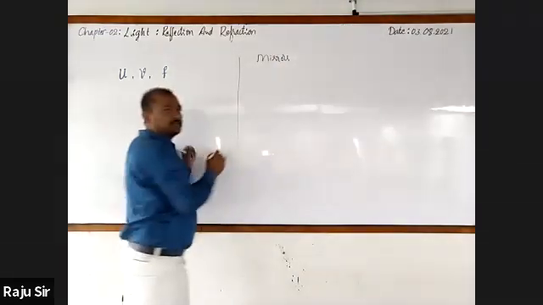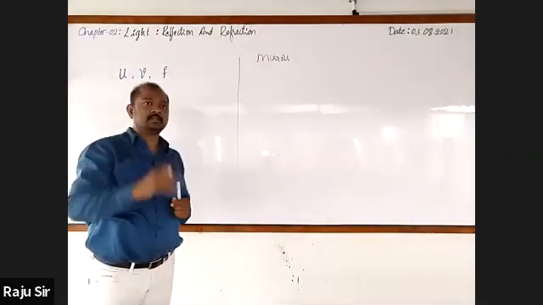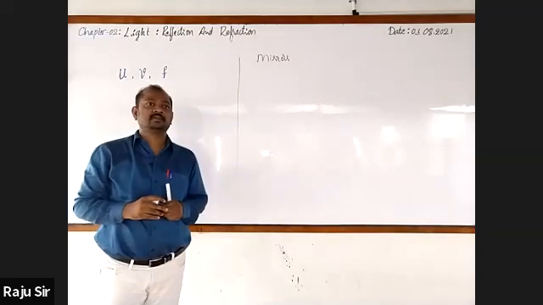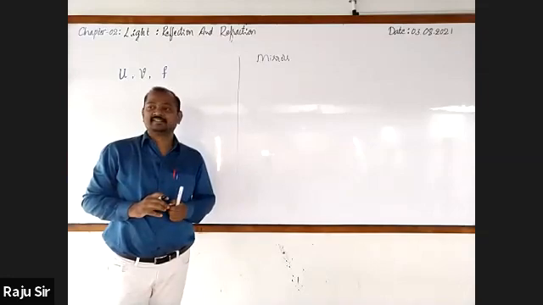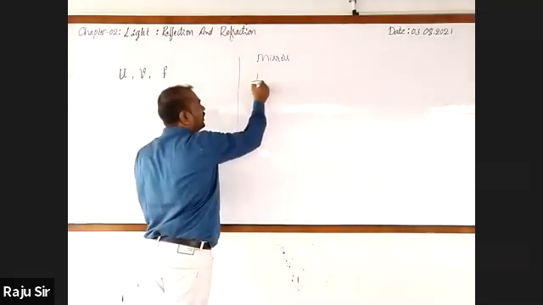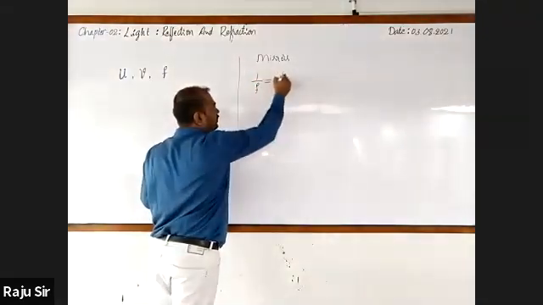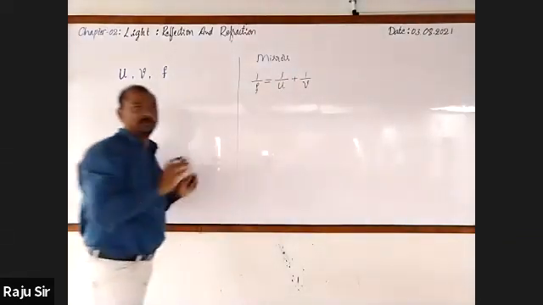What was that relationship? 1 by F is equal to 1 by U plus 1 by V.